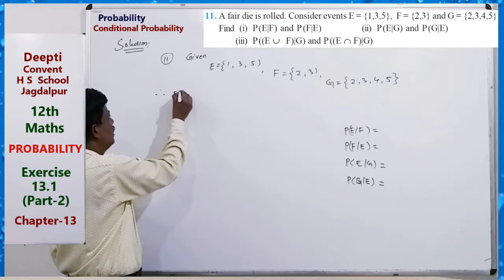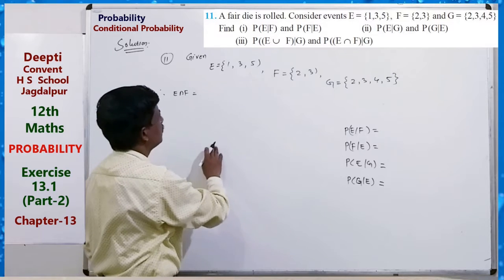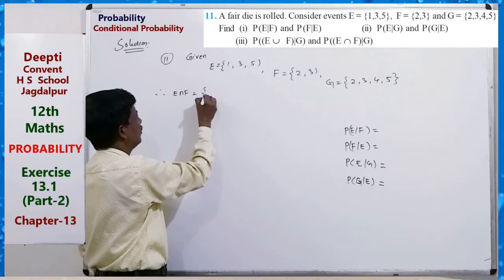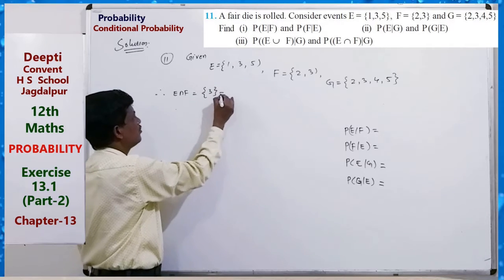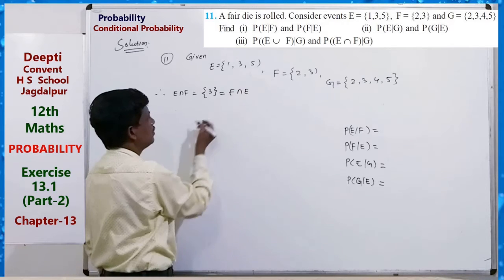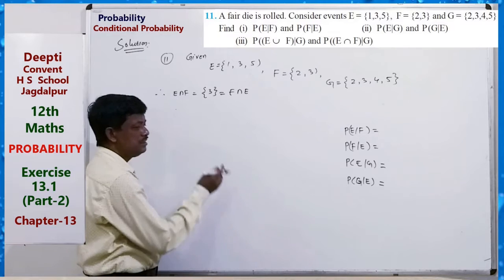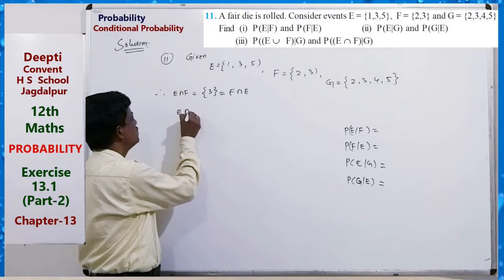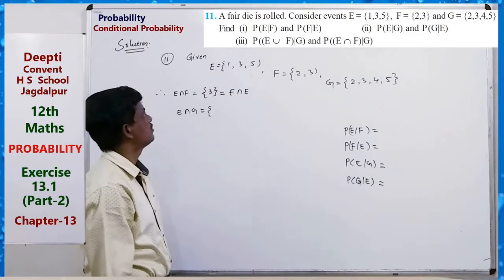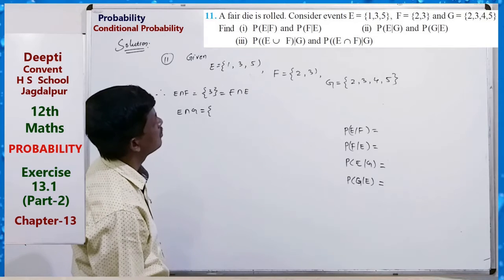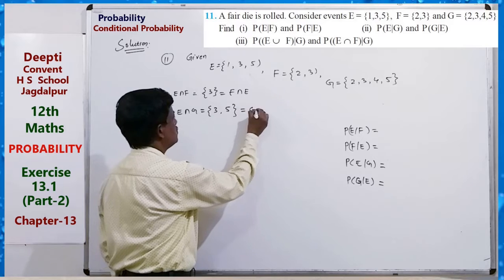Therefore, here E intersection F is 3, which also equals F intersection E. And E intersection G, taking the intersection, is 3, 5. Also G intersection E.